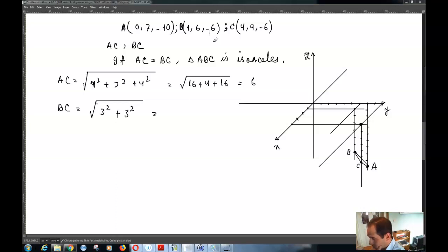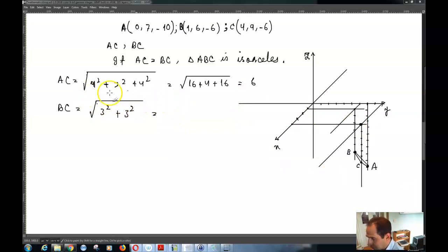But of course there is one more possibility. You see over here the x-coordinate of this point is 4. The x-coordinate of this point is 1. And the x-coordinate of this point is 0. So the mistake that I made right now is that BC is definitely not the square root of 36 plus 36.